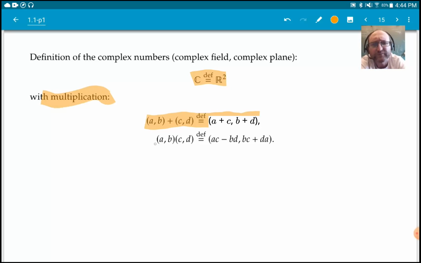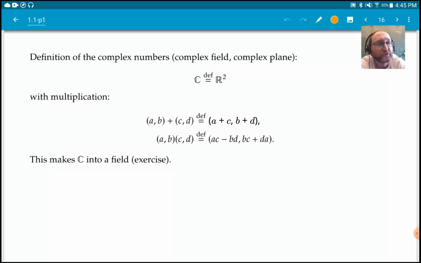Now, the multiplication that I'm talking about is over here, right? And so we add this, and that's what we're going to call it if we're multiplying two complex numbers. It turns out this actually makes it a field, which is maybe a little bit surprising, but yeah, that's what it is.